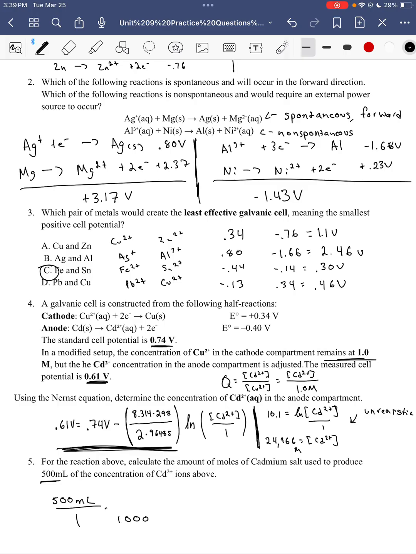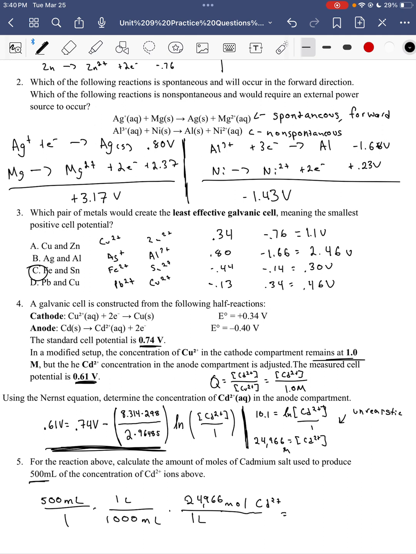For every 1,000 milliliters, there's 1 liter, and for every 1 liter of solution, there were 24,966 moles of cadmium in that solution. So how many moles of cadmium were in my 500 milliliters? 12,483 moles of cadmium were in that 500 milliliter solution.